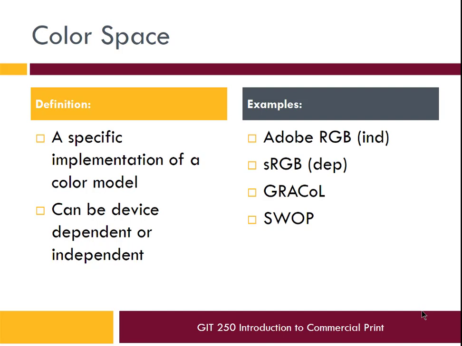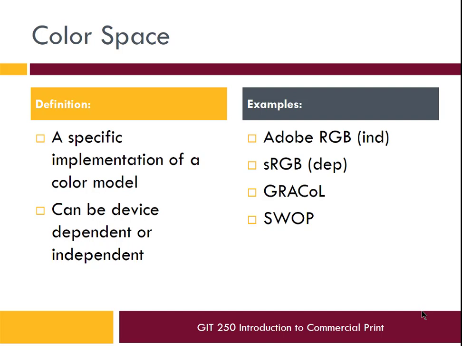The definition here, the bullet point, says a specific implementation of a color model. That's kind of a generic definition, but basically what it means is we take RGB, for example. That's the color mode or model. And then we have Adobe RGB. That's a color space within the RGB model.